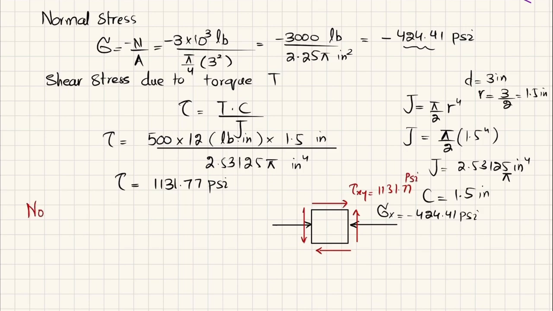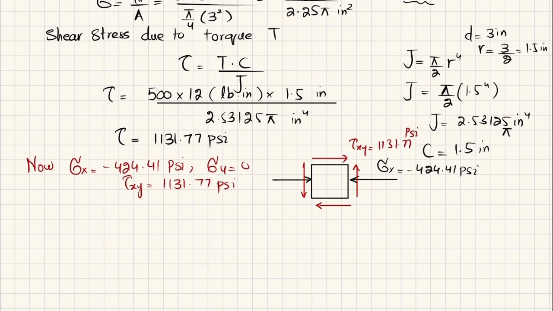Now we are going to find out principal stresses. So we have sigma x is minus 424.41 psi, sigma y is equal to 0, and tau of xy is 1131.77 psi.